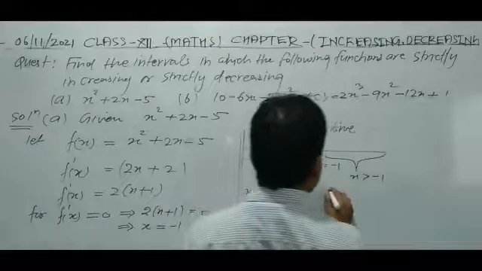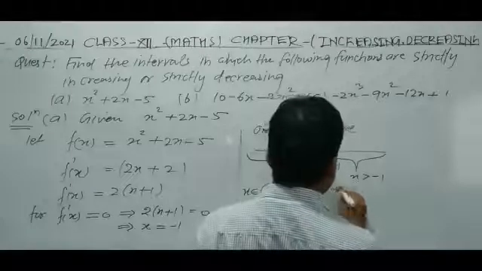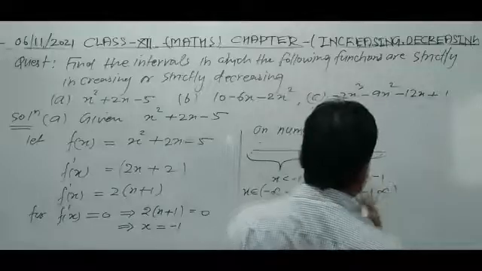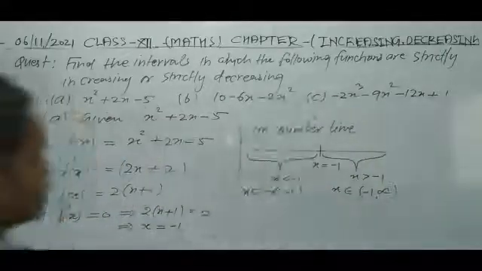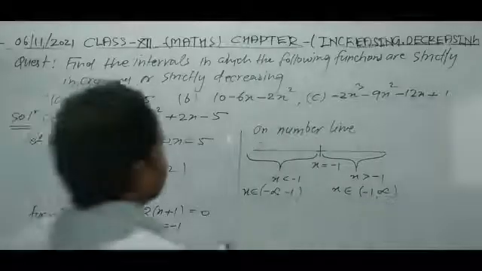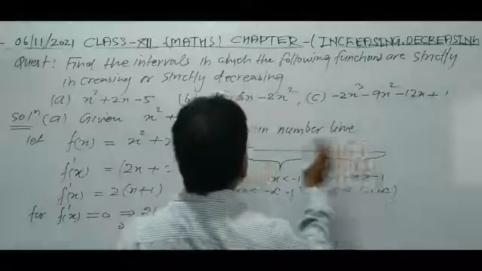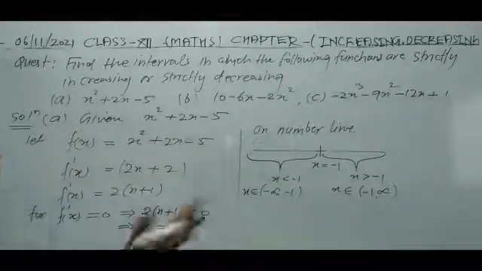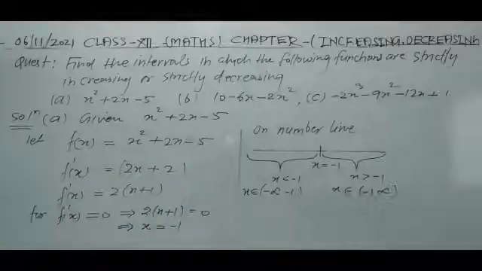For the right region we can write x belongs to minus 1 to infinity in open interval. So there are two intervals we get: interval 1 and interval 2. That means x is equal to minus 1 divides the number line into two intervals, minus infinity to minus 1 and minus 1 to infinity.